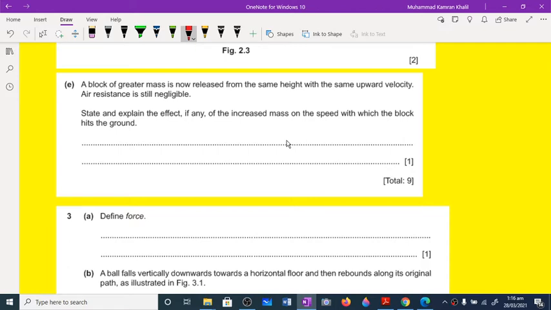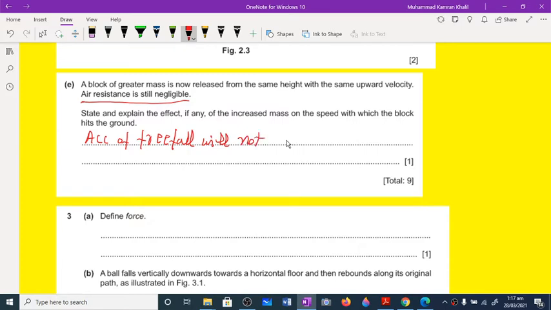The block of the greater mass is now released. Now there is a very good key point which is given in order to help you write down the answer, and this is the repeated question: the air resistance is negligible. Always remember, whenever the air resistance is negligible, the acceleration of free fall will not change.